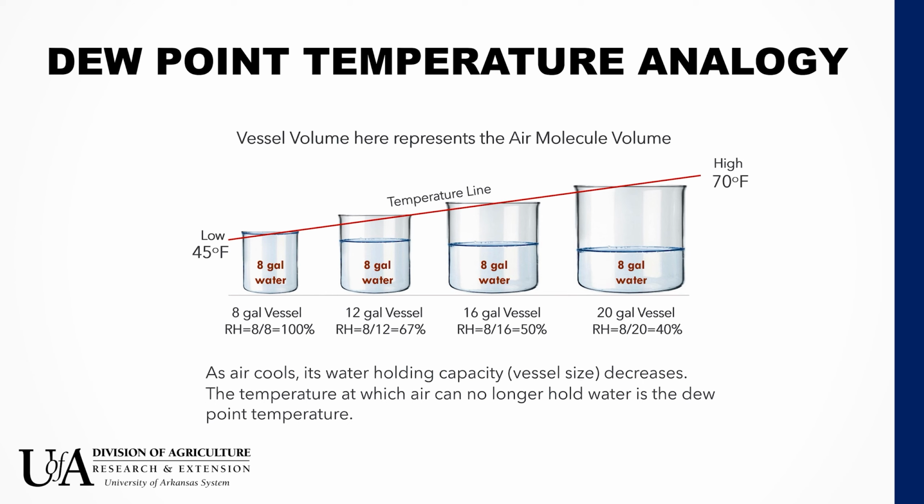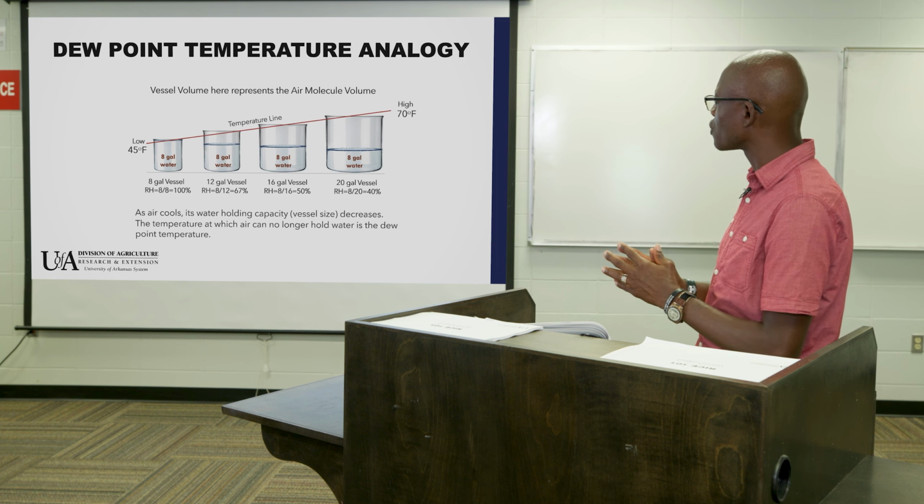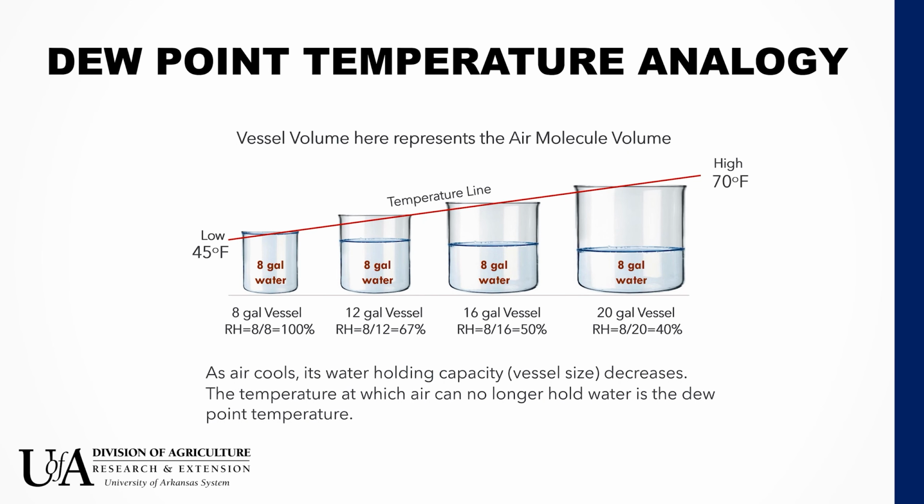At that point, again, we have reached a point where that air cannot contain any more moisture, and therefore it's going to spill out moisture. At that point, we say that we have reached the dew point temperature of the air that was initially at 70 degrees Fahrenheit. So as air cools, its water holding capacity decreases. The temperature at which it can no longer hold water is the dew point temperature.